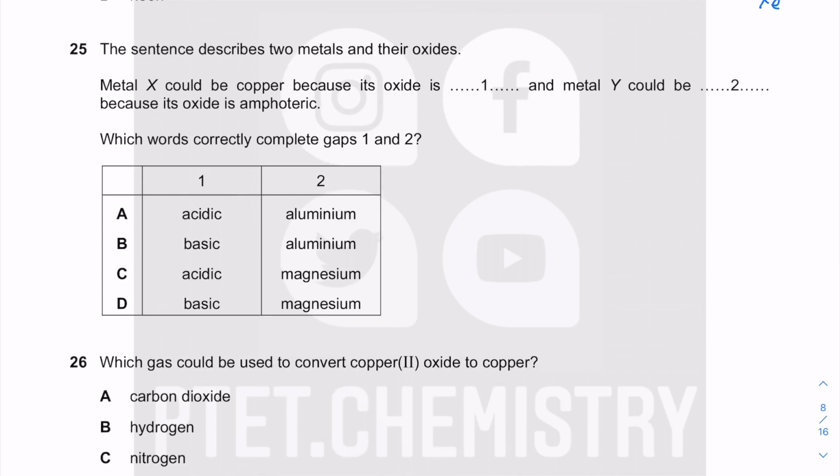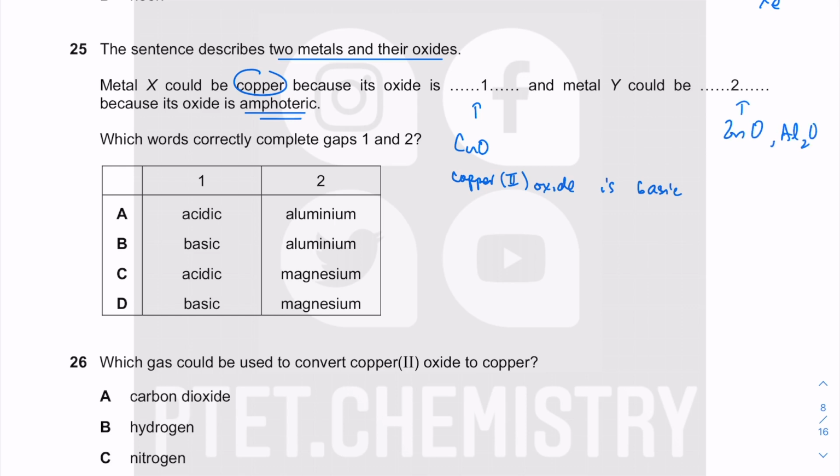25, you have 2 metals and their oxides. So X could be copper because when you have copper oxide, CuO, this is copper 2 oxide, Cu2+, O2-. Copper 2 oxide is basic. And then this is amphoteric. So when we were looking at amphoteric oxides earlier on, we can have zinc oxide or Al2O3. There was an earlier question about amphoteric oxide.